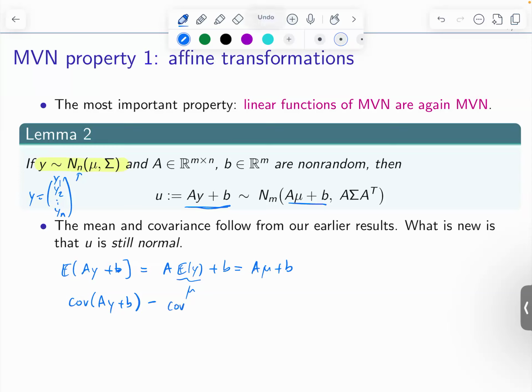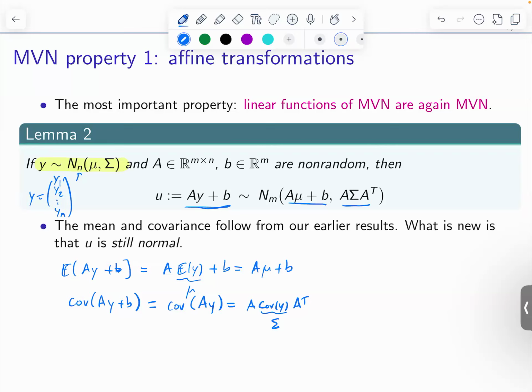It's the covariance of AY, which is A times the covariance of Y times A transpose, so I get A sigma A transpose as the covariance. We know these from the previous calculation. What we now know is that the whole distribution is also normal, so I'm completely characterizing the distribution of this affine transformation.